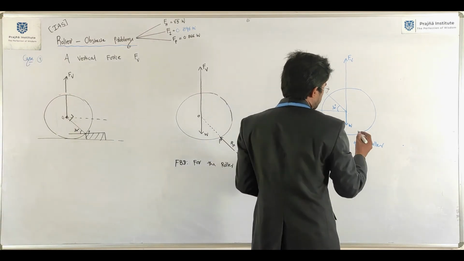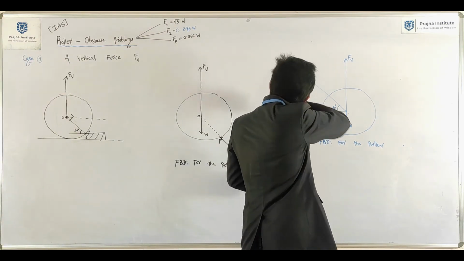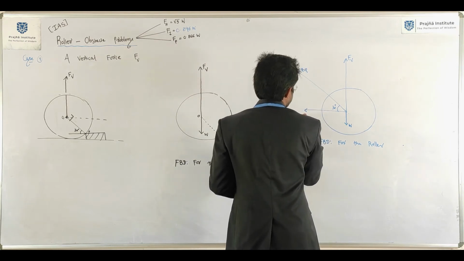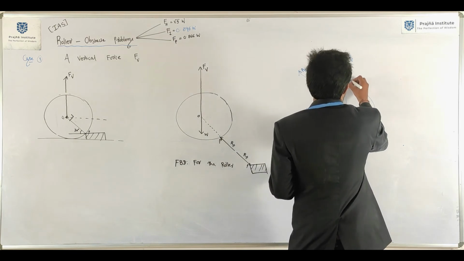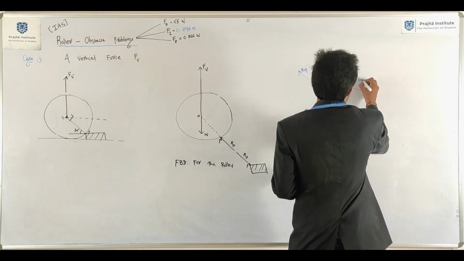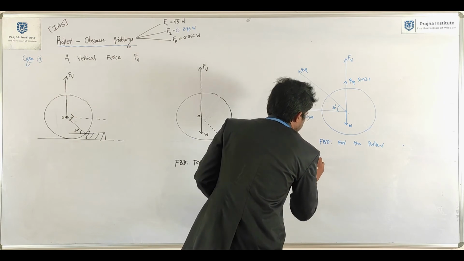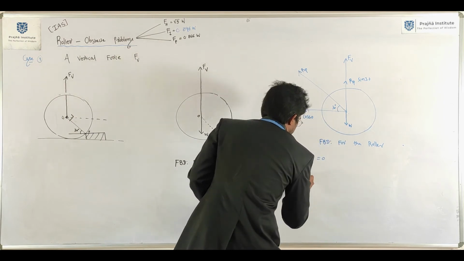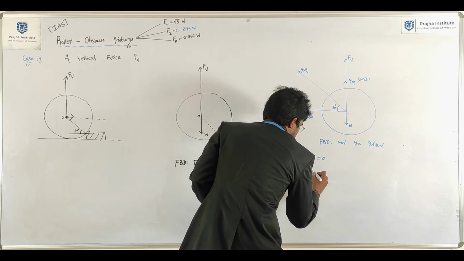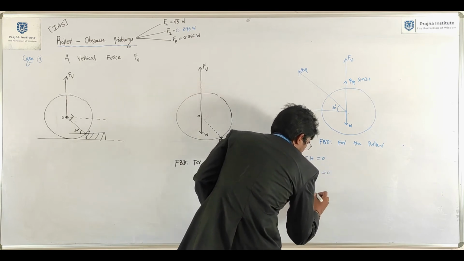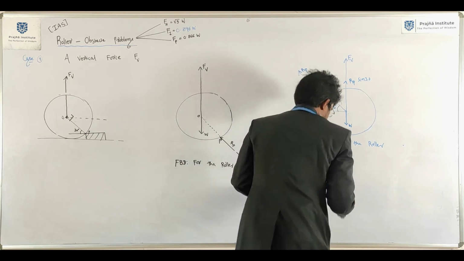Okay? So check it once. Here, just resolve it. RP cos 30, RP sin 30. In that case, sigma H equal to 0, RP cos 30 equal to 0, then RP equal to 0.